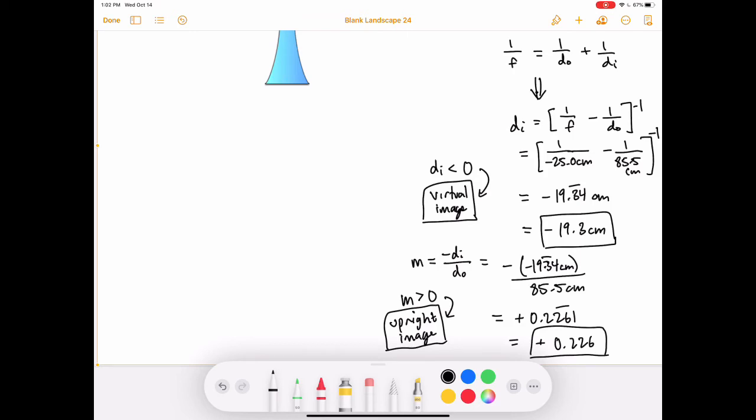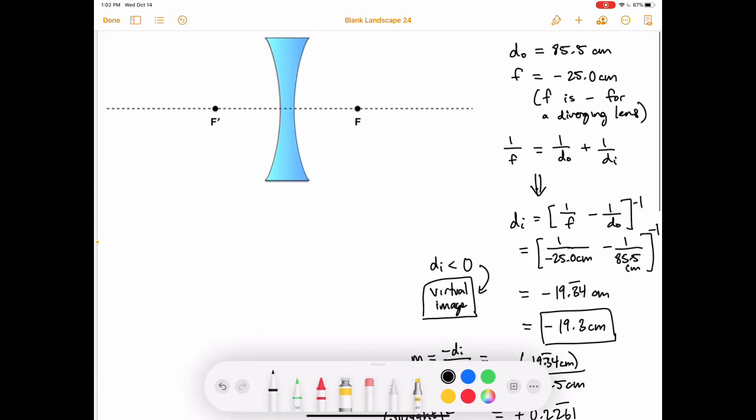So that's what we were able to determine by calculation. So now let's go to the ray diagram and then just verify that what we calculated makes sense. So DO in this case is greater than the focal length f.